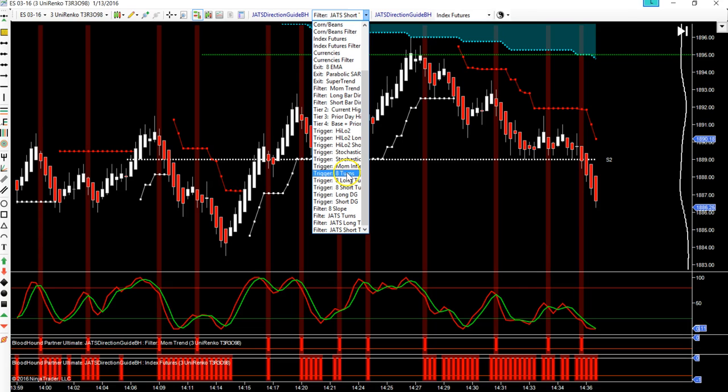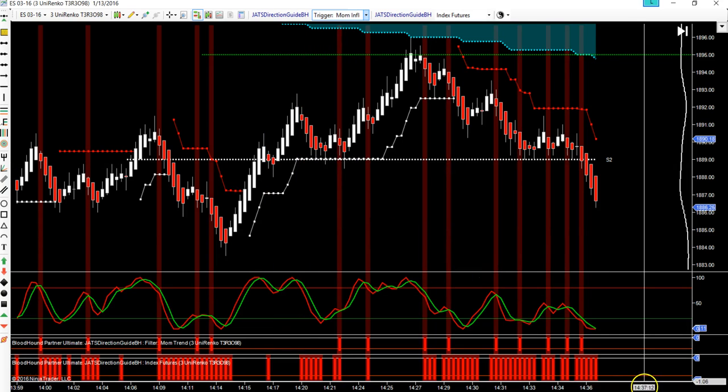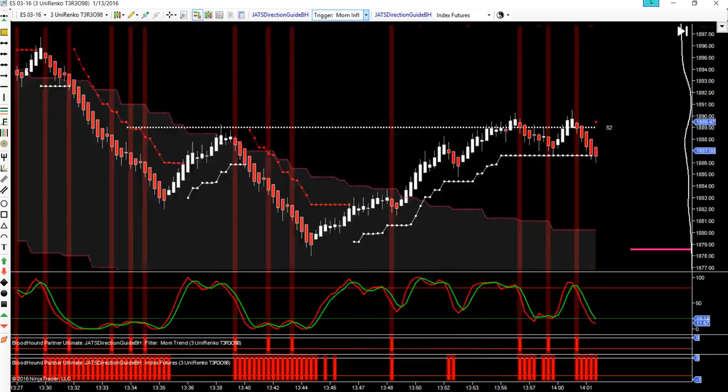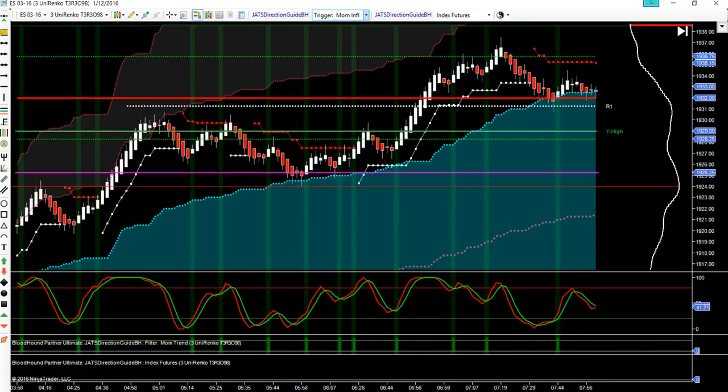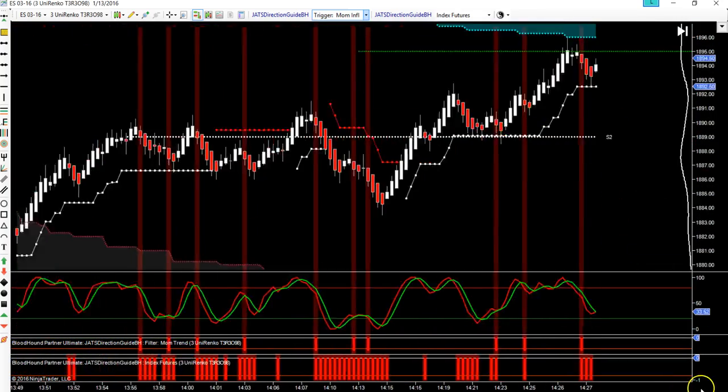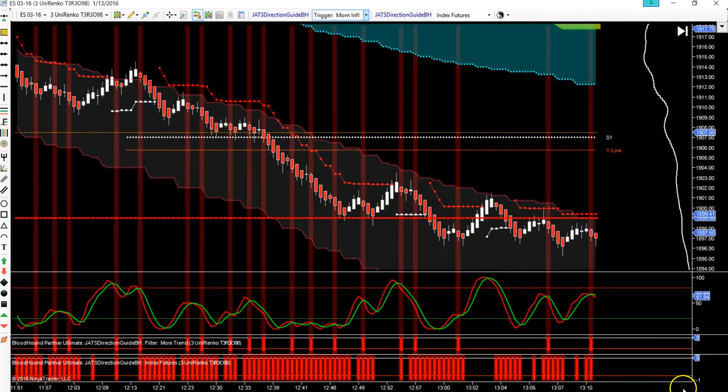And again, if you just want to leave it on your inflections, that way you don't have to move it. It will move itself. When the market's going up, it'll give you long signals, and when it's going down, it'll give you short signals.